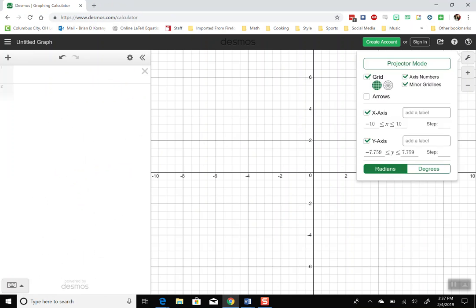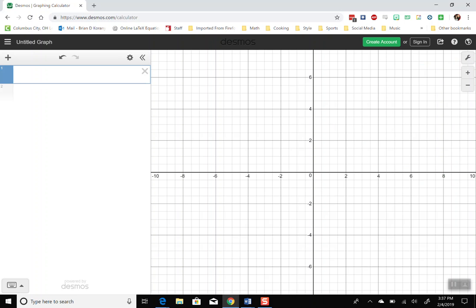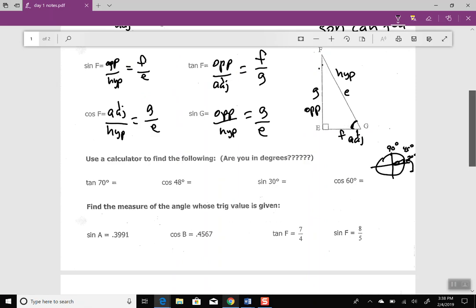So I'm going to click this gear icon, and right here I can switch between radians and degrees. I want to be in degree mode, and I'm going to type my question in. So sine of 30 degrees is equal to 0.5. Pretty simple.